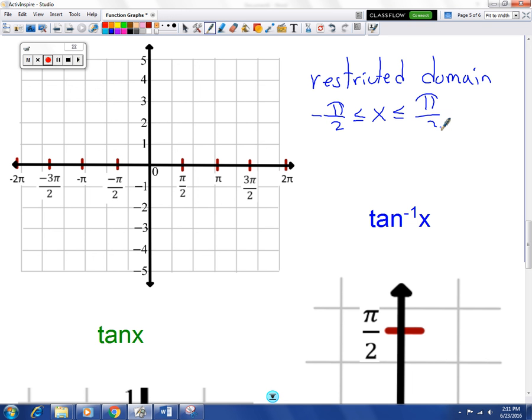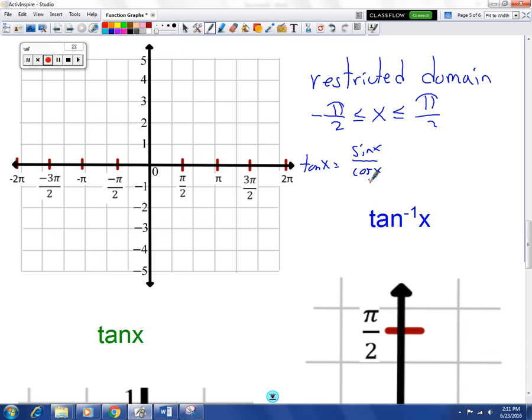So we'll do a tangent over here. Remember, tangent is sine over cosine. Tangent of x is sine of x over cosine of x.